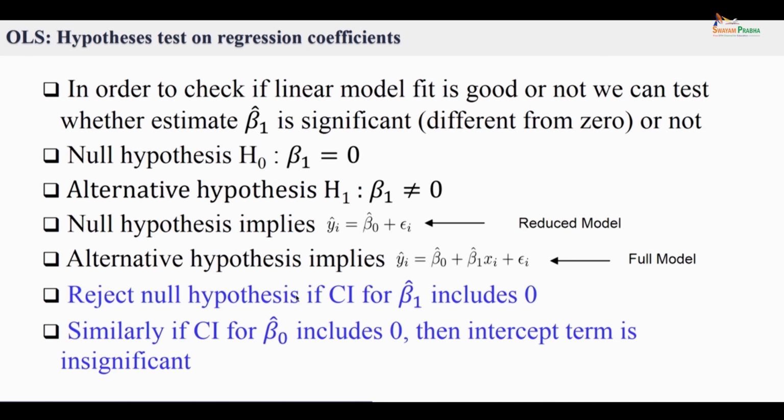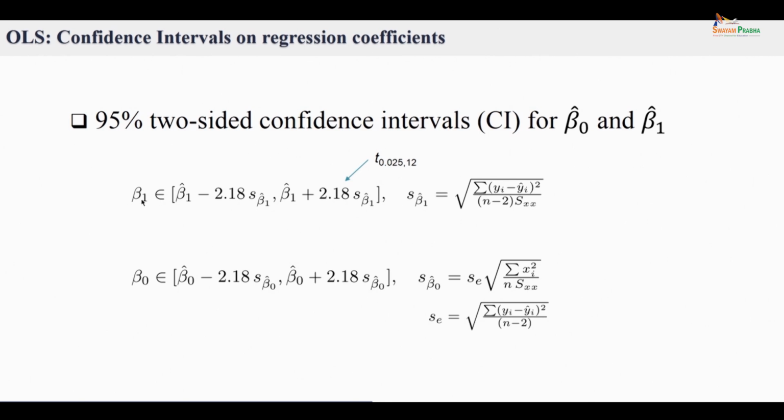We can do it two ways. We can make the decision from the confidence interval for beta 1: notice that we have constructed the confidence interval for beta 1. The term beta 1 hat minus 2.18 times its standard error may be negative and the upper end may be positive, in which case this interval includes 0, and we conclude that beta 1 is insignificant and the true beta 1 is equal to 0.